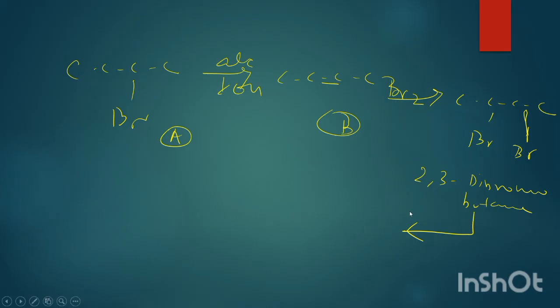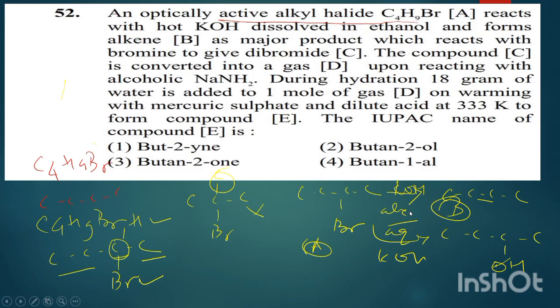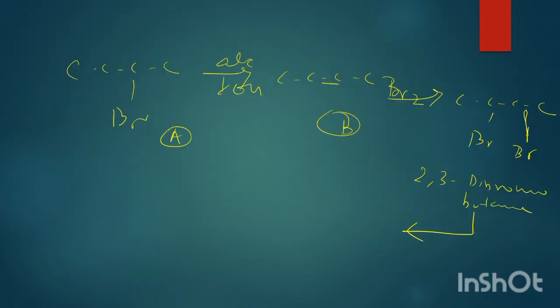Next, the compound is converted into gas D upon reacting with alcoholic NaNH2. As far as I can remember, on reacting with NaNH2 it gives butyne.